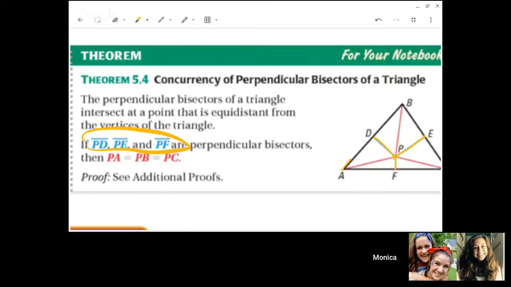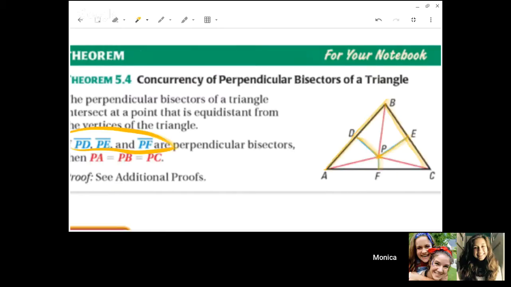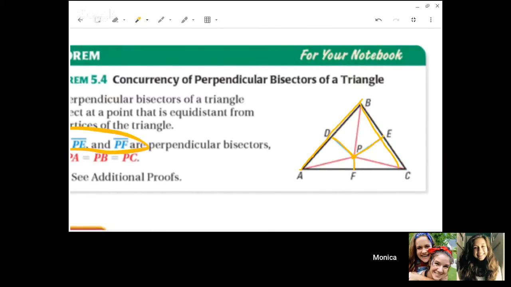So AB is bisected by this blue line here, BC is bisected by this line, and then AC is bisected by this line.